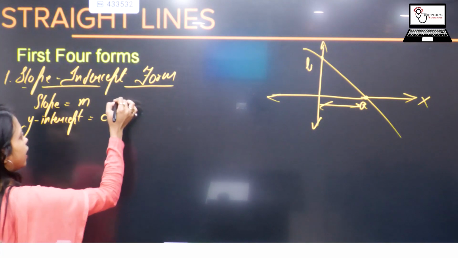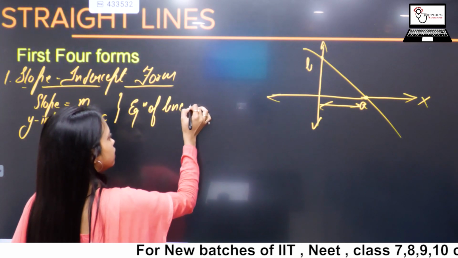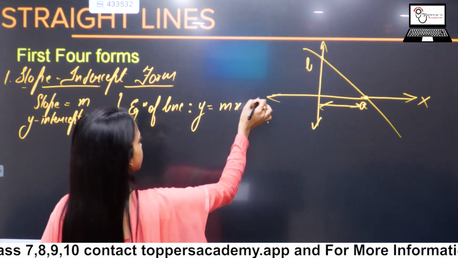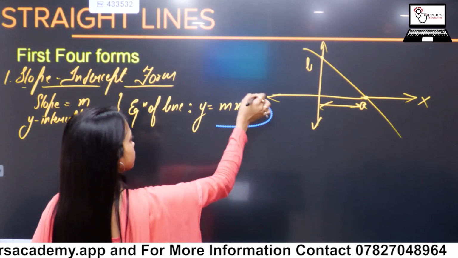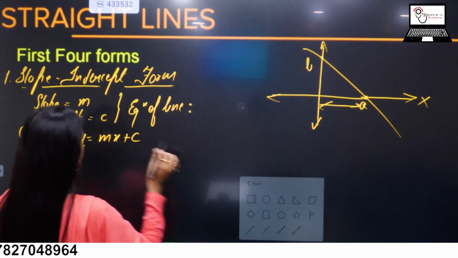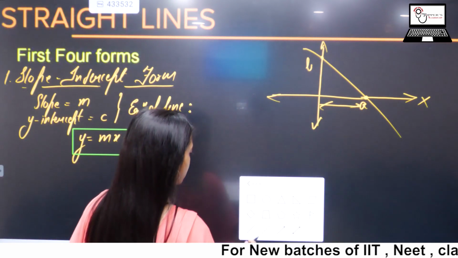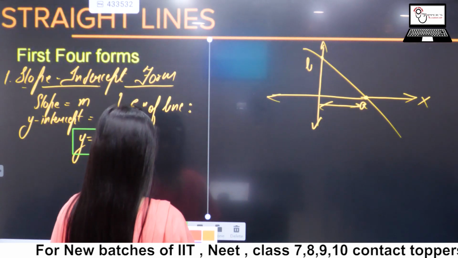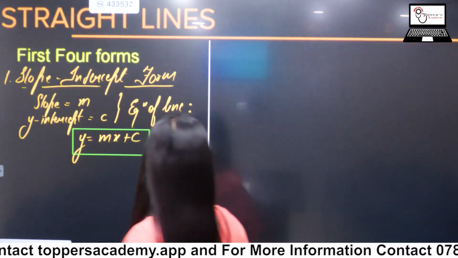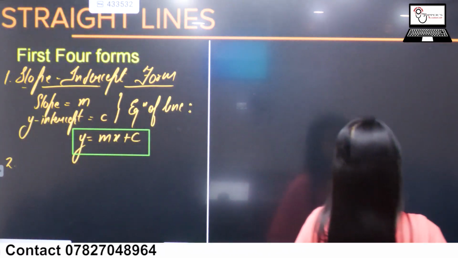So the equation of the line with this set of information is given by y equals mx plus c. Okay. So slope-intercept form is done.